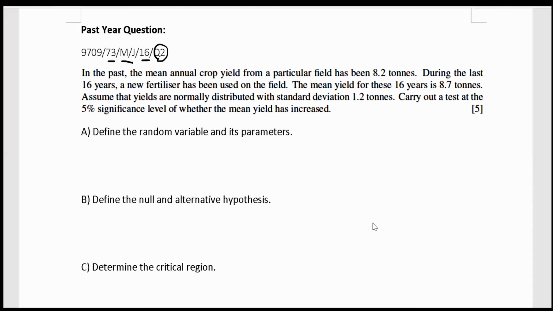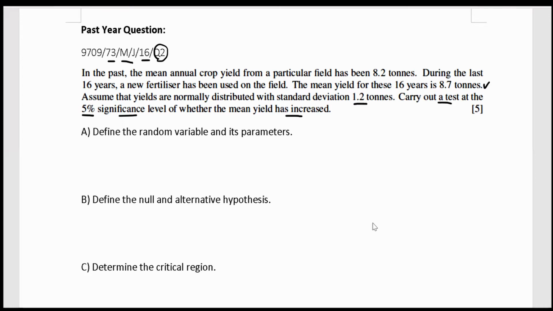The mean yield for these 16 years is 8.7 tons. Assume that yields are normally distributed with standard deviation 1.2 tons. Carry out a test at the 5% significance level of whether the mean yield has increased.